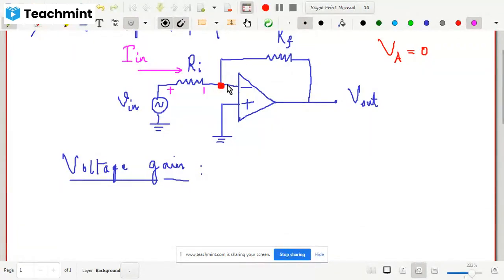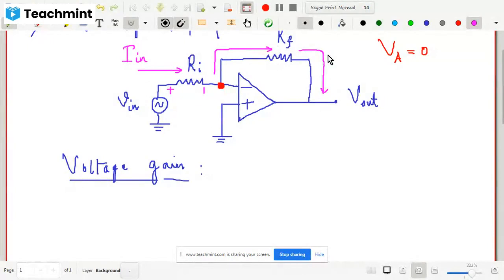Now this path has very high impedance. Input impedance is very high; for an ideal op amp, it is infinite. So therefore, we will say that all of this current will go through this feedback resistance. So all the current, whatever current I in is coming, that same current will go through like this.